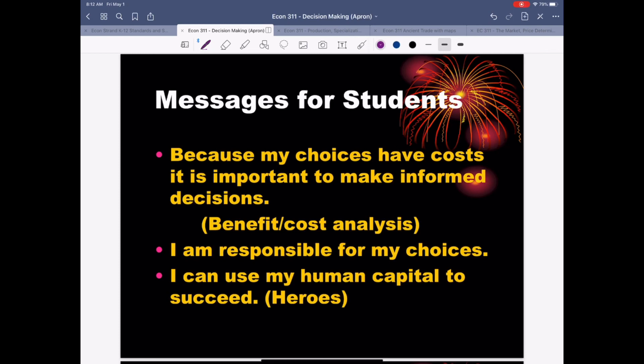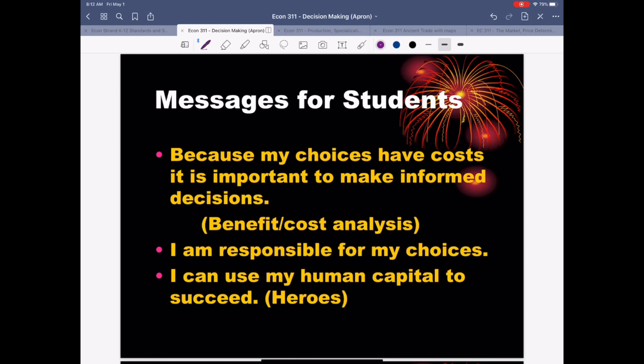And we want them to know that it is important to have informed decisions. Informed decisions allow them to weigh the costs and benefits of different alternatives. We want them to know that they're responsible for their choices and that they can use their human capital to succeed. And this ties into learning about heroes.